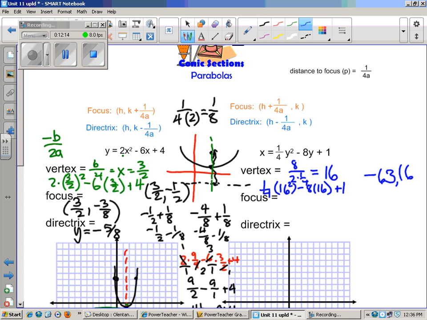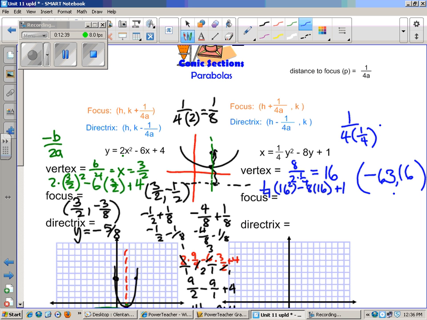So this is the coordinates of my vertex. We get it the same way we have done the last couple days. But now I need to get my focus and my directrix. And to find out the distance between my vertex and my focus, I do 1/4 times A. And A in this case is 1/4, right?